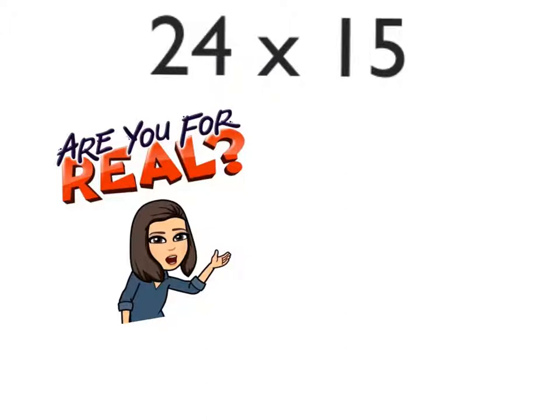So in this problem, to estimate, we have 24 and 15. So 24 would round down to 20, and 15 would round up to 20. So then you would think 20 times 20. And if you were in my class, we worked on this week, you could think of this as 2 tens times 2 tens.